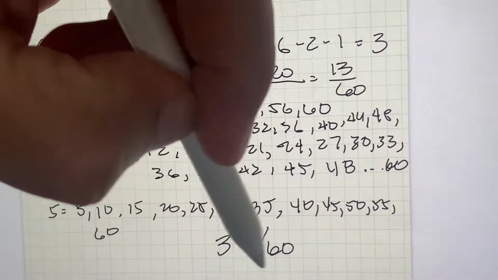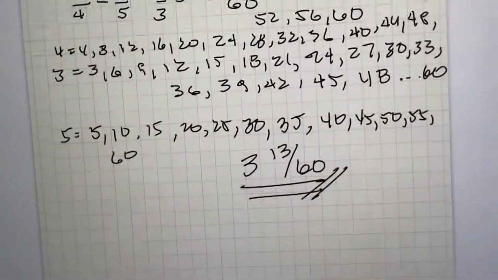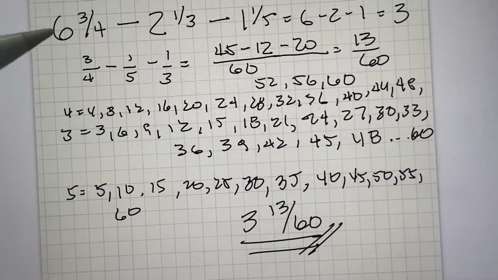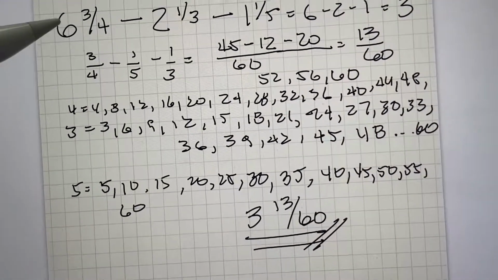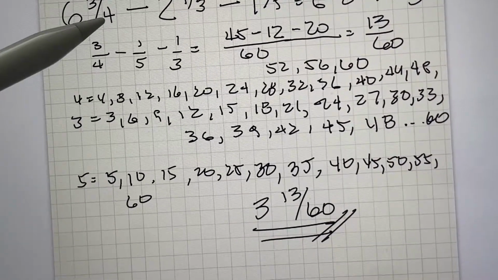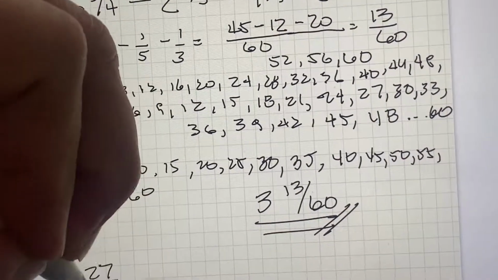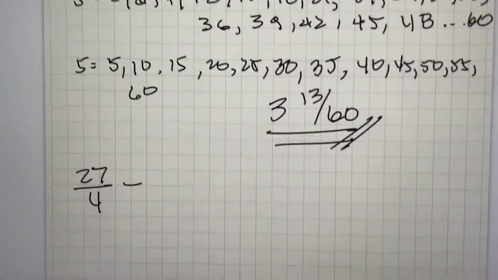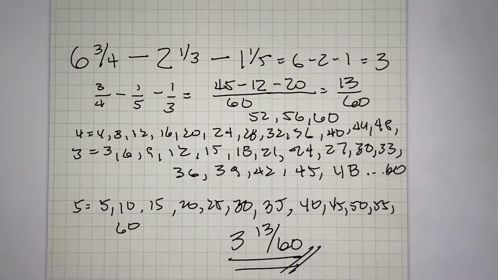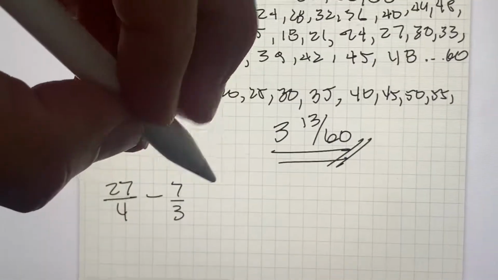But because I'm not certain that I did it properly, I will double check what I did. So this time I'm going to turn the mixed numbers into improper fractions. So 6 times 4 is 24, plus 3 is 27, 27 fourths. Then I have 2 1/3, which is 6 plus 1 is 7 thirds.